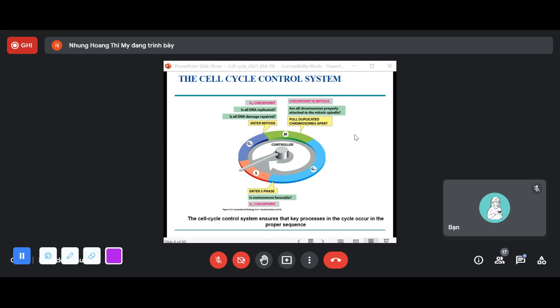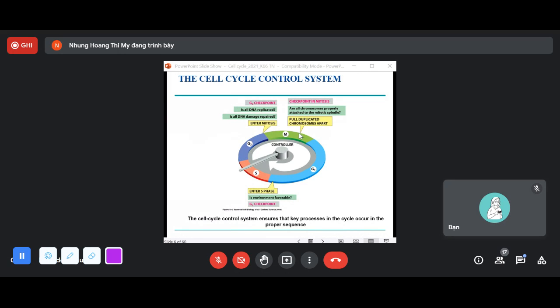And during the M phase, the checkpoint normally will be turned on to be sure that all the chromosomes are properly attached to the mitotic spindle. So if there is some mistaken attachment, the checkpoint is turned on. And if all the chromosomes are properly attached to the mitotic spindle, the checkpoint is turned off.